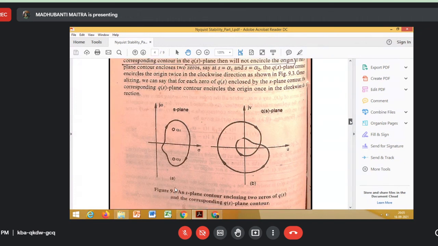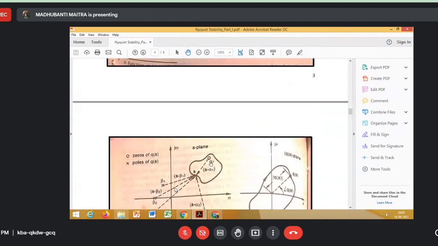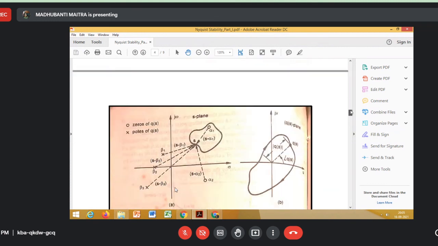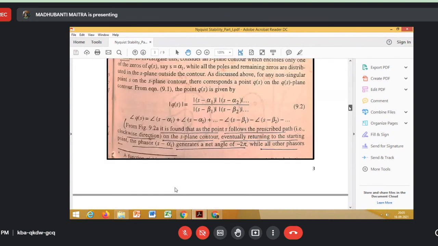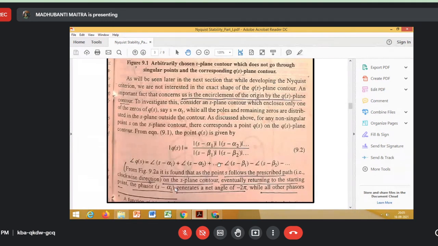Okay. Similarly, we can argue that if, instead of one zero, one pole of QS is enclosed by the S-plane contour, and all other poles and zeros of QS are not enclosed by this S-plane contour, then the net change in angle of QS, delta QS, will now be minus of minus 2 pi, that is plus 2 pi.